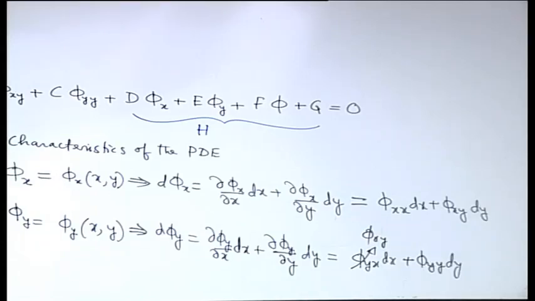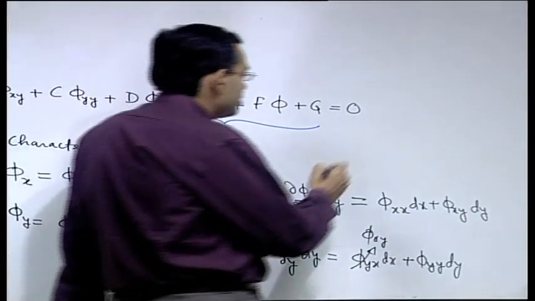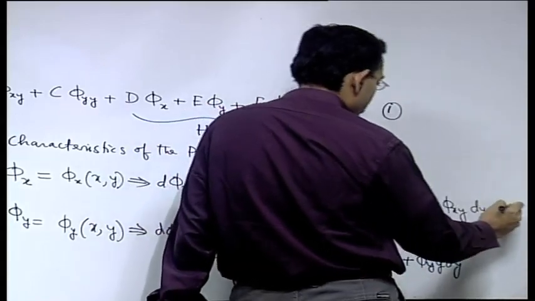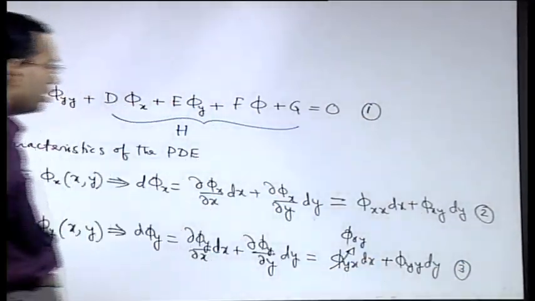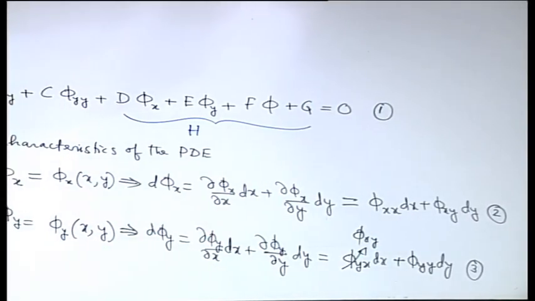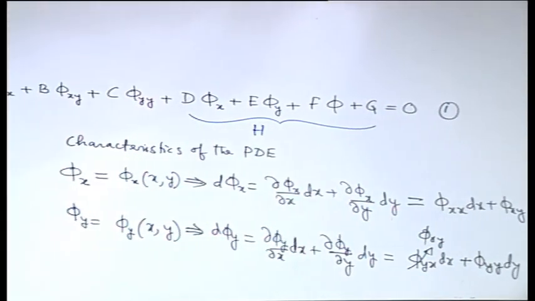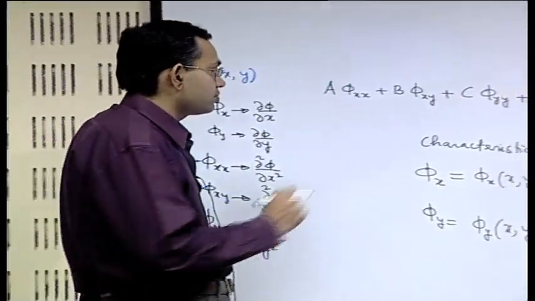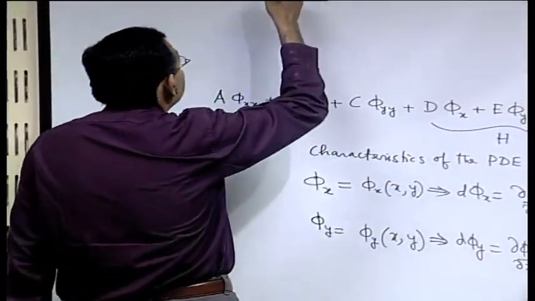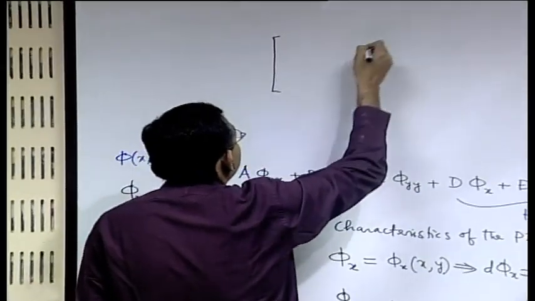So, let us try to organize these equations. We have now got these 3 equations 1, 2 and 3. We want to organize these equations with the objective of getting the characteristics of the partial differential equation. So, we arrange this in a matrix form.